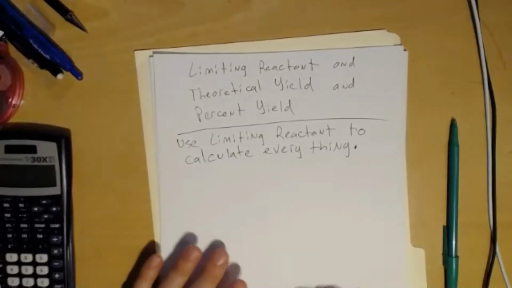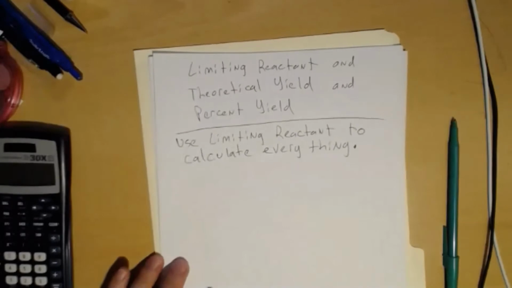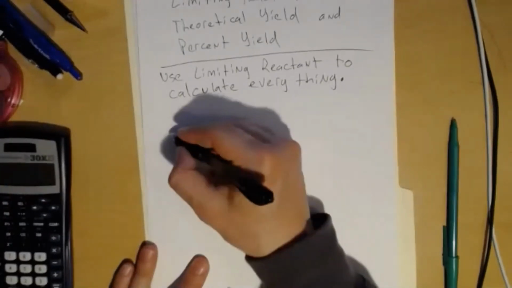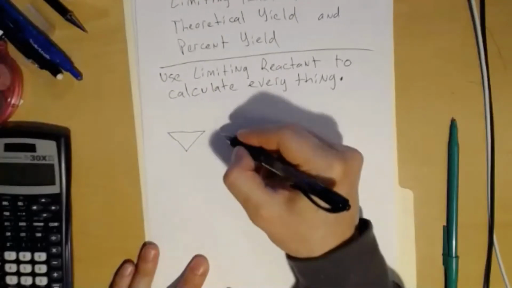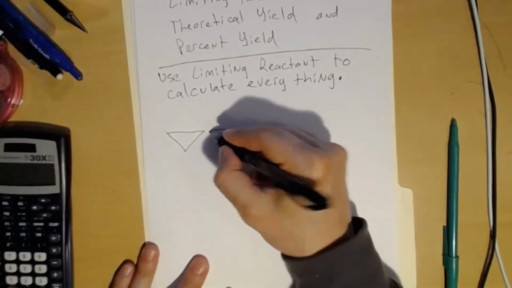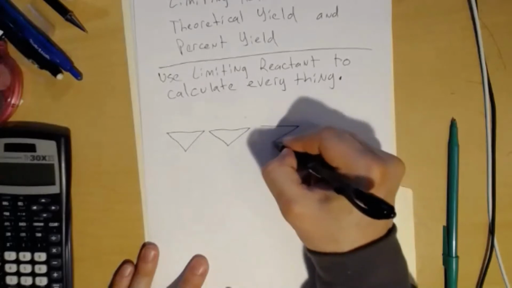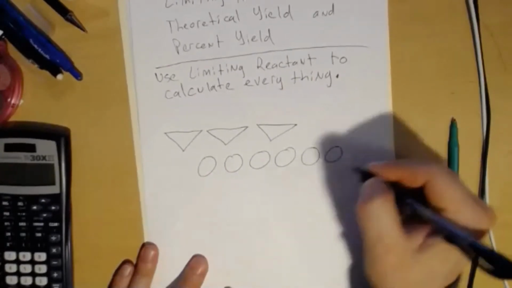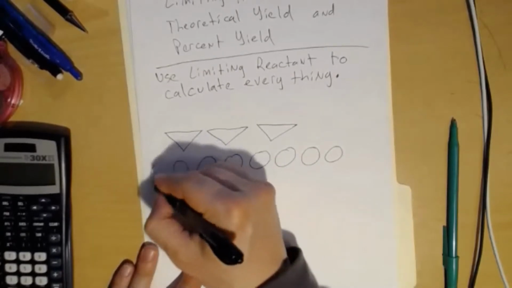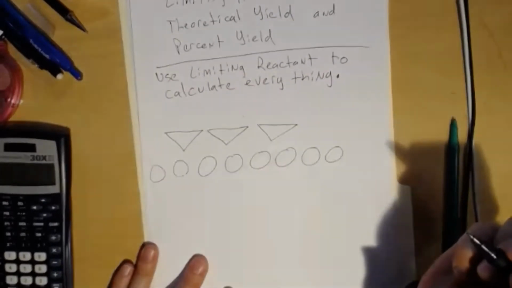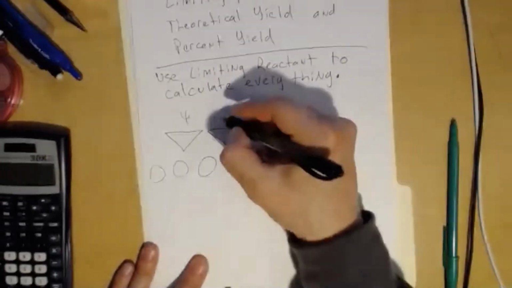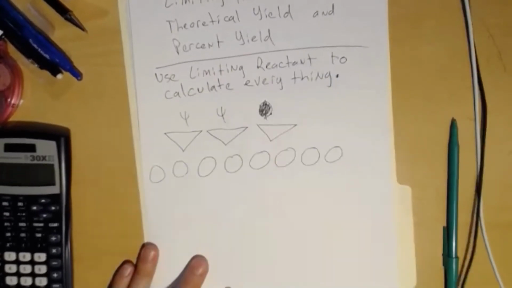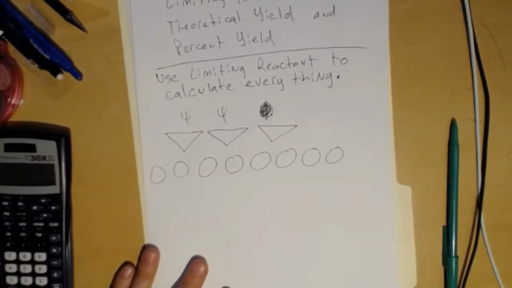Okay. So I'm going to use a metaphor. I'm making bicycles, okay? And here are my frames. I'm in a bicycle factory. I got this many frames, and that many wheels, and that many handlebars.